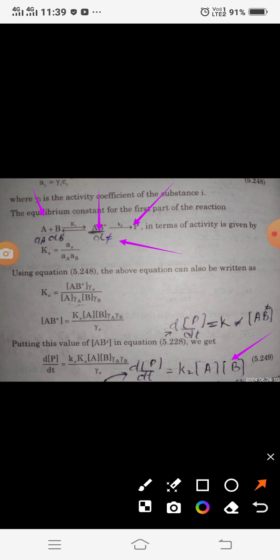But in the simple chemical reaction, we say that just A and B react with each other after the K2, meaning that the reaction is going irreversible and it gets converted into the product. In that case, we show the expression of the reaction in this form, where the rate of the formation of the product is equal to K2 into the molar concentration of the reactant A and the molar concentration of the reactant B.